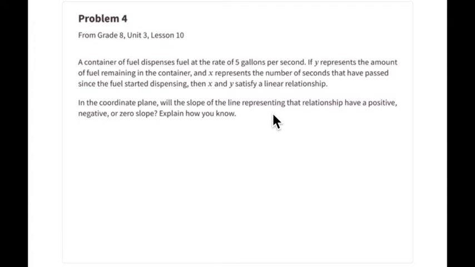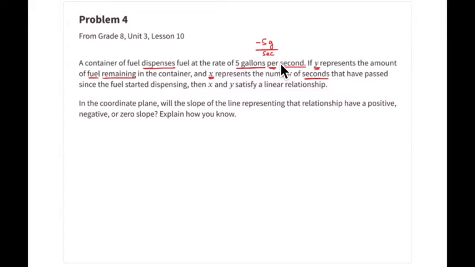So you just have to say whether that slope is positive, negative, or 0. Well, since fuel is leaving the tank, that slope is negative. It's -5 gallons per second. So the slope is negative. So for every second, 5 gallons is leaving the tank.